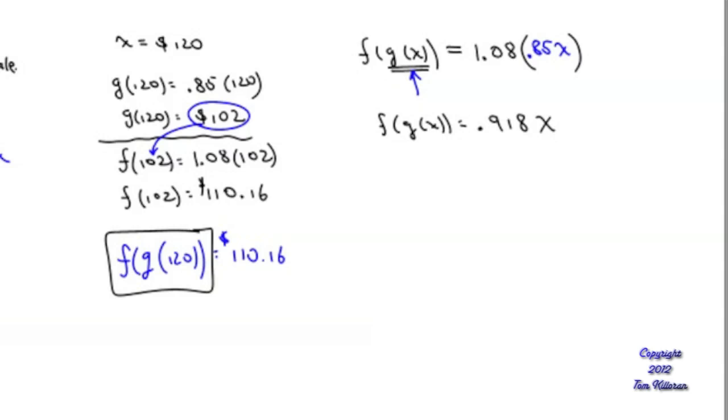Now here's the cool thing. Ready? Find me f of g of 120. In other words, over here, you're going to substitute x and replace it with 120. I guarantee when you multiply these two together, you get $110.16.